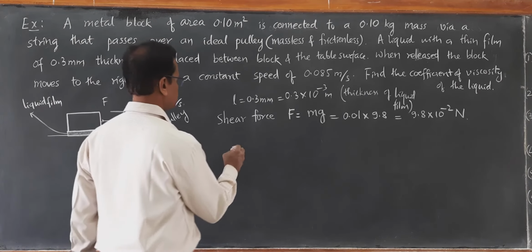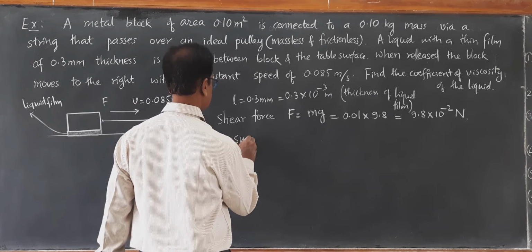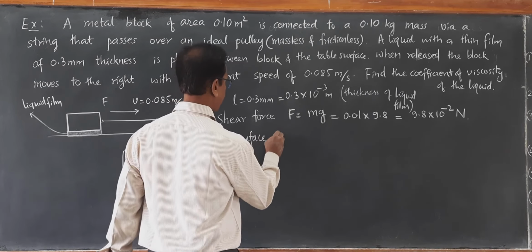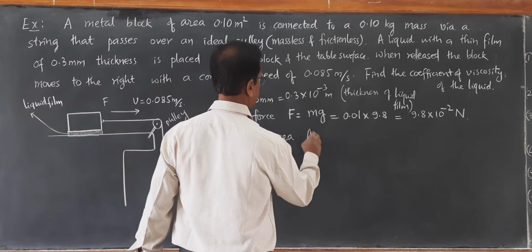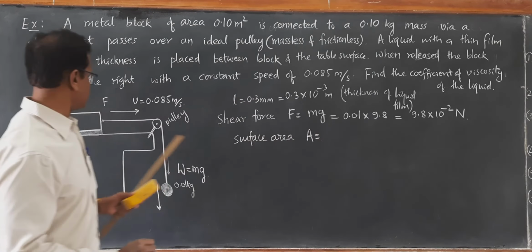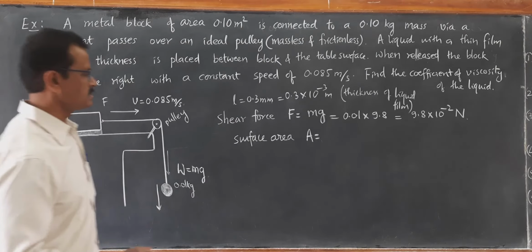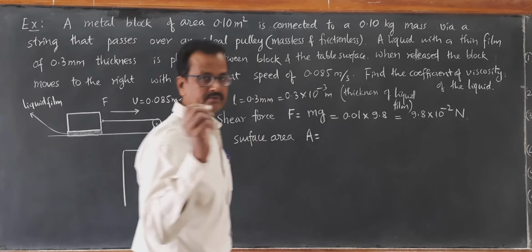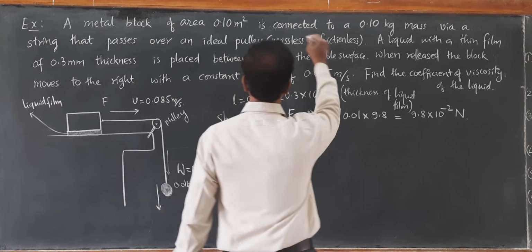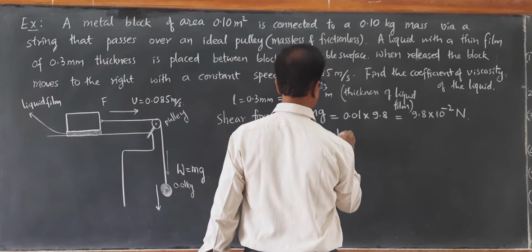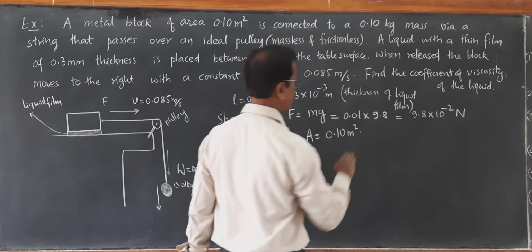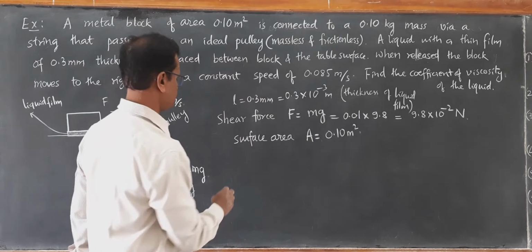The surface area of the block is equal to the surface area of the liquid film, A equal to 0.10 meter square.